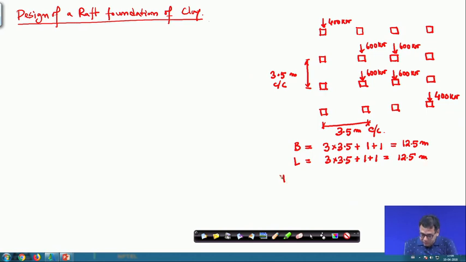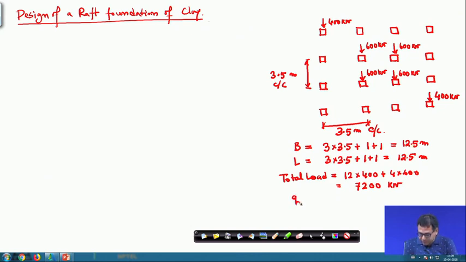Now, what is the total load coming on this foundation? There are outer columns, 1, 2, 3, 4, 5, 6, 7, 8, 9, 10, 11, 12. So, 12 columns are taking 400 kilonewton load and 4 columns are taking 600 kilonewton load. So, the total load is 7200 kilonewton. Okay? And the dimension is taken as 12.5 cross 12.5.